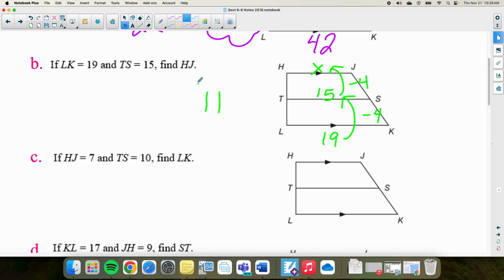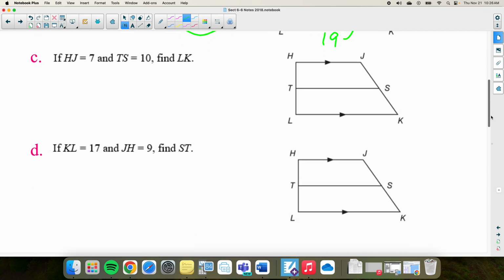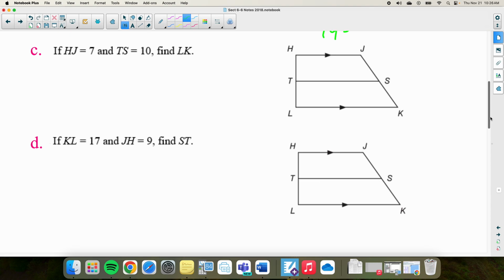So that would be your answer there. Okay. Now here they have HJ is 7, TS is 10, and this is LK. So this is that shortcut way again. So from 7 to 10, you add 3, 10 plus 3 is 13. So 13 would be my answer.